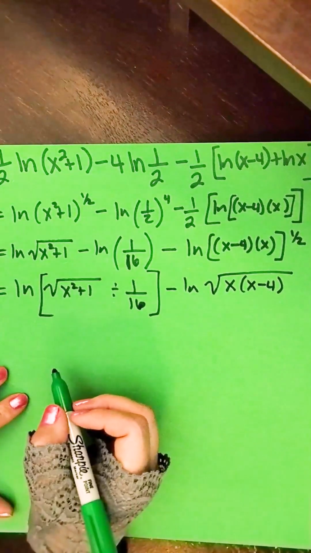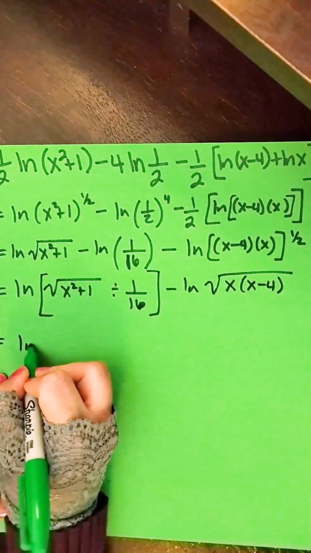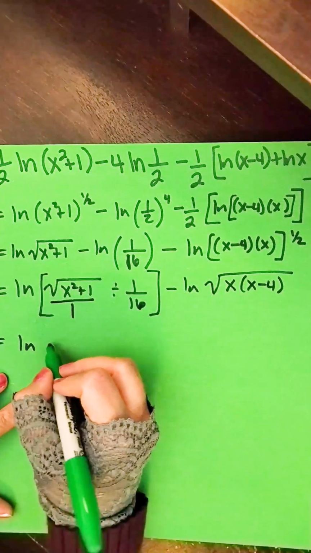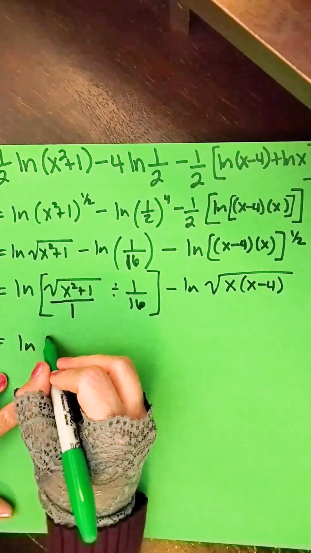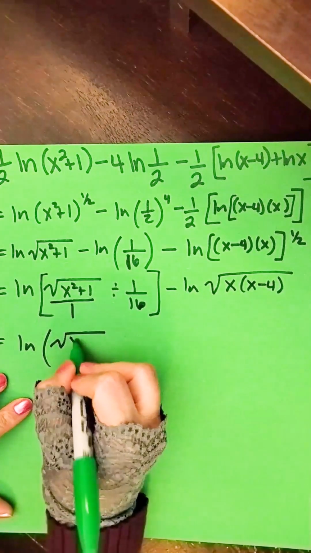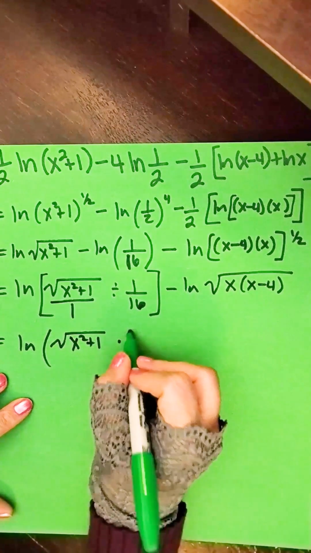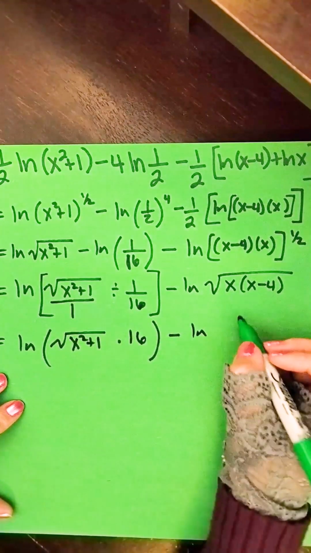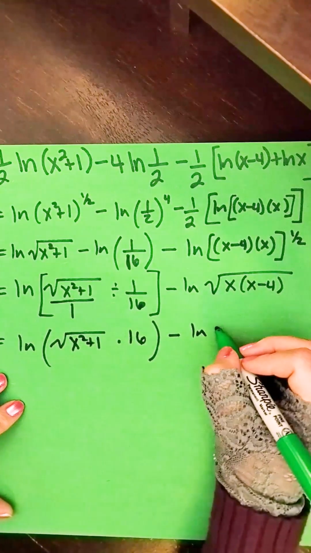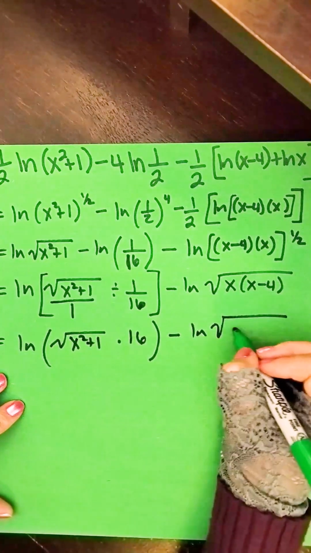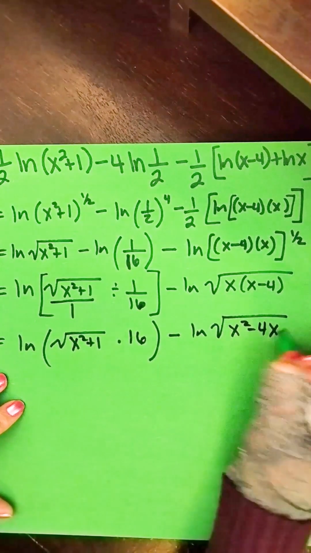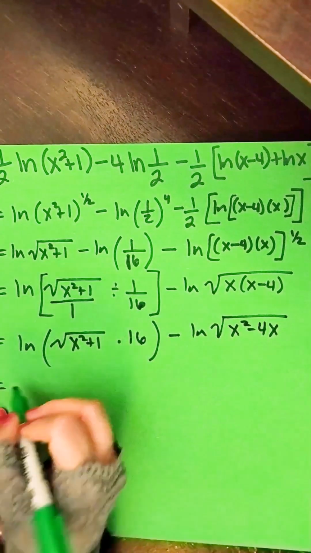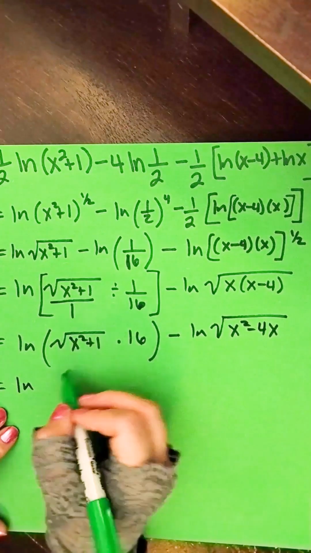Okay, and then that equals, well, if I'm going to divide these two, that over 1 is the same thing as the square root of x squared plus 1 times 16. And I have minus the natural log. I can multiply these out, so x squared minus 4x. And then here, I'm going to multiply these two.